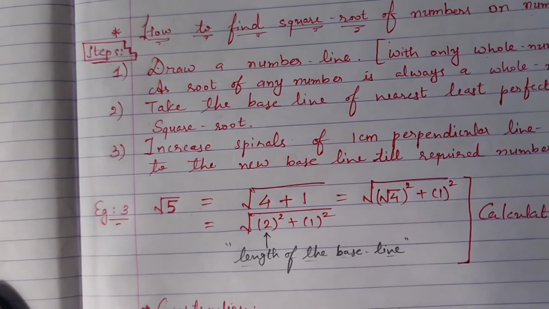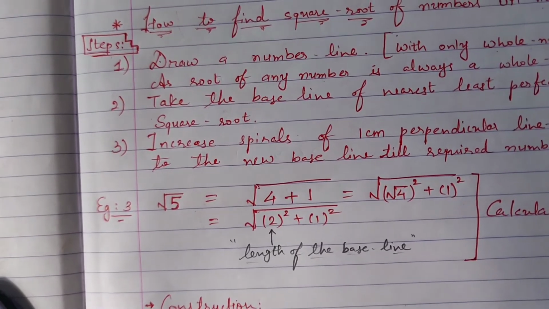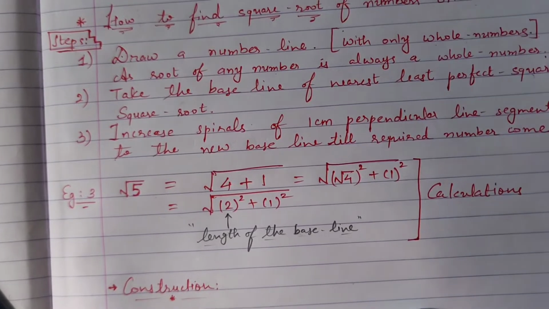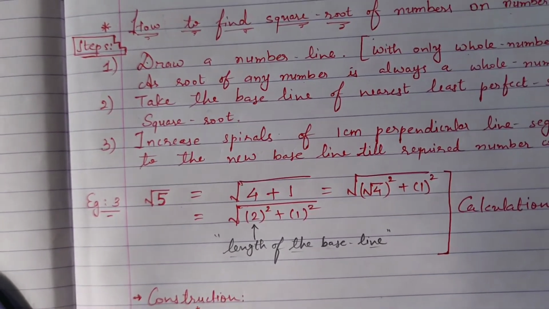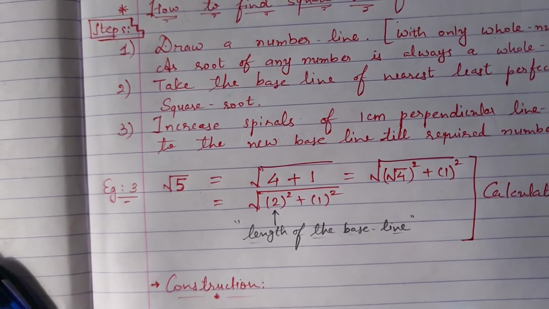And now what are the perfect square numbers? Perfect square numbers are the numbers whose square root is a whole number, like 4, 25, 9, 16, 100.